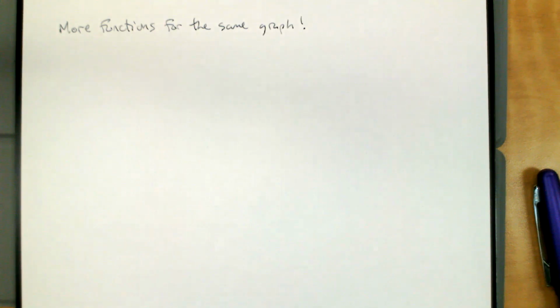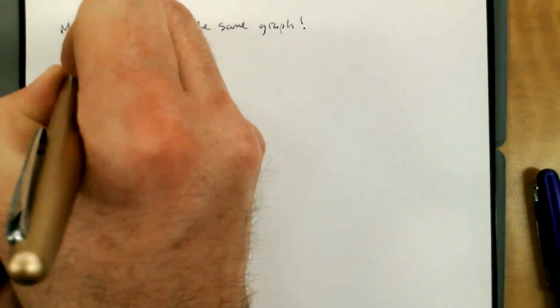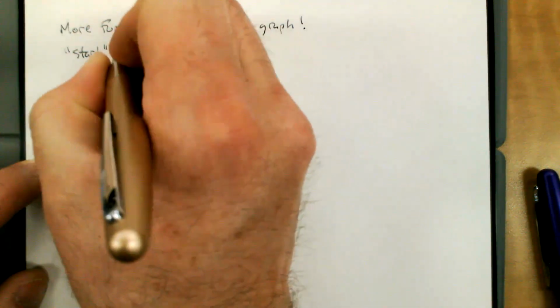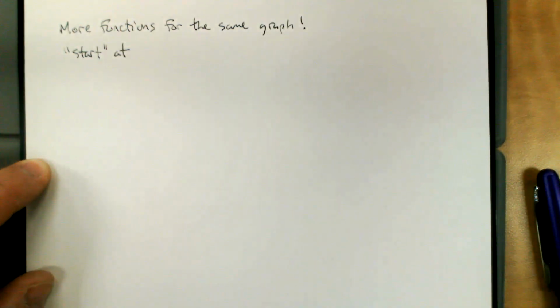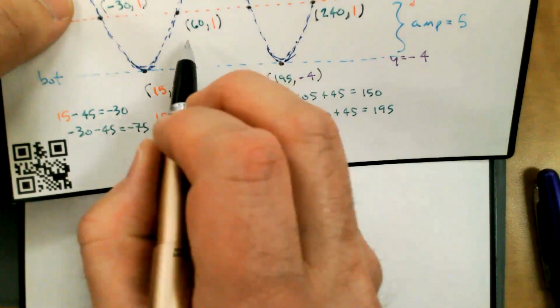So what we can do is come up with more functions for the same graph. We just consider a different point that we start at. So I could say, for example, let's start at this point, 60, 1.